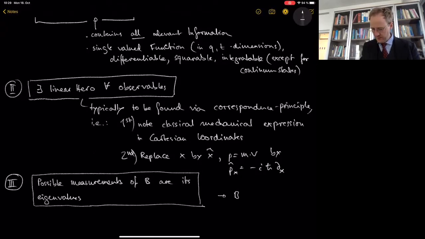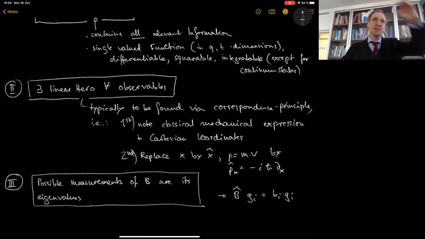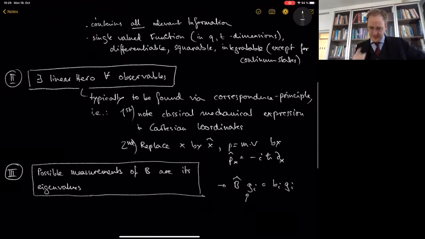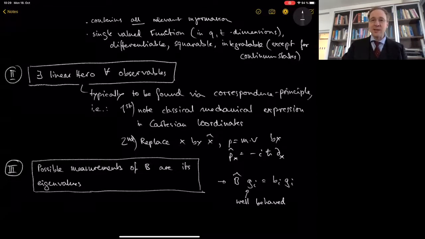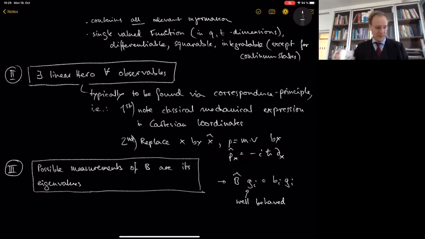So this is the only thing you can observe, these b_i, and we discussed the probabilistic interpretation, the quantum mechanical interpretation according to Born. These eigenfunctions, of course, must not be pathological, so they must be well behaved, which is why the position operator is so tricky, and that's why we devoted an entire sub-chapter to that.